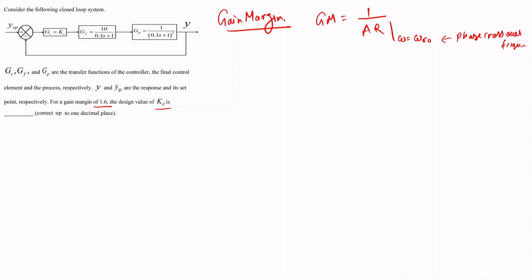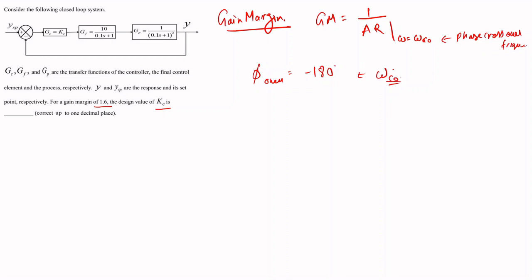And we define this phase crossover frequency by equating the overall phase lag, phi overall, with minus 180 degrees. That is, the frequency at which the overall phase lag is minus 180 degrees is the crossover frequency.